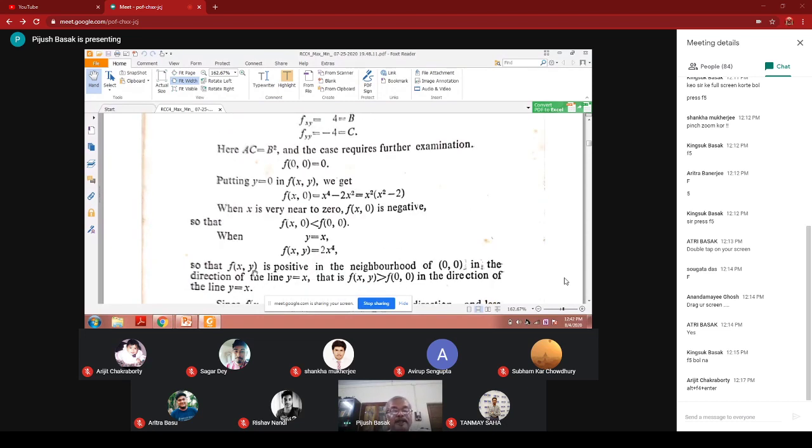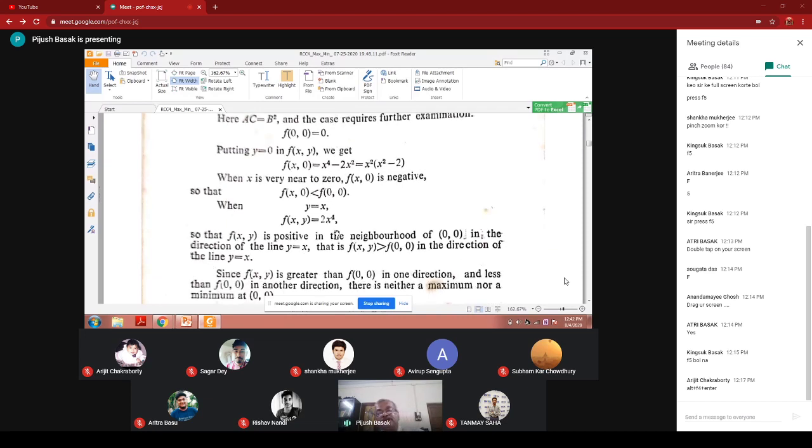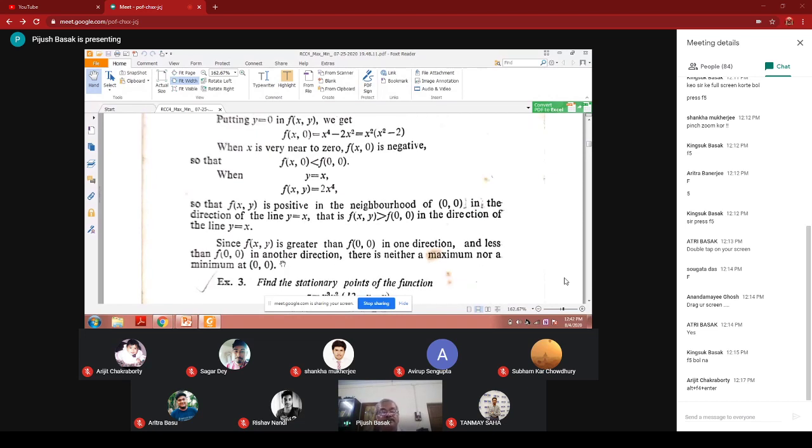When x is very near to 0, the neighborhood is positive in the neighborhood of 0, 0 in the direction of y is equal to 0, and in the direction of the line y is equal to x.